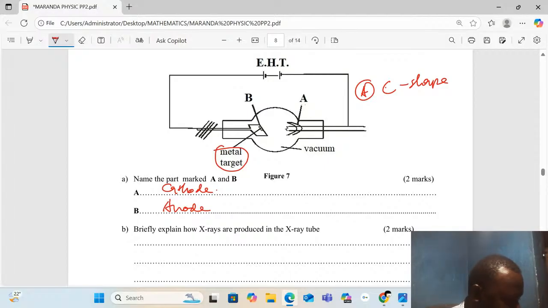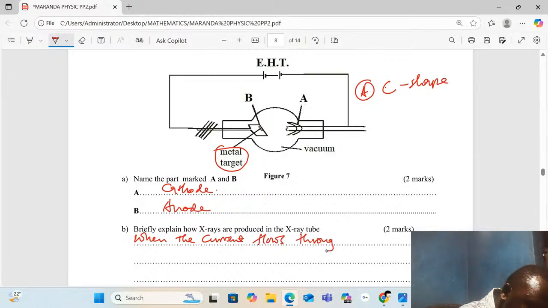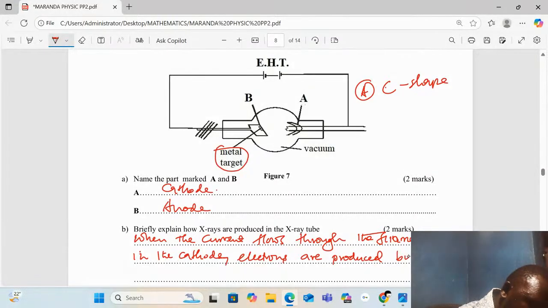Therefore, I can give the explanation. When current flows through the filament in the cathode, electrons are produced by a process called thermionic emission.